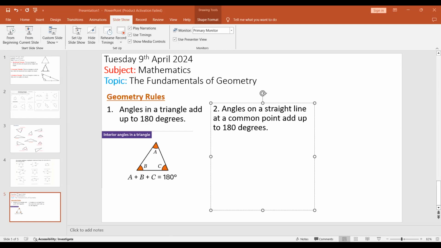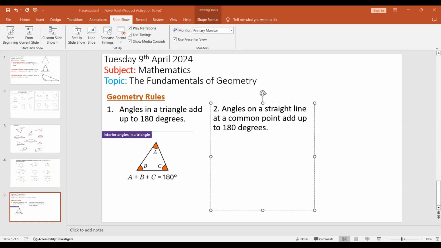That's basically the rule. Angles at a point add up to 180 degrees. So what do angles inside a triangle add up to? Angles inside a triangle add up to what?